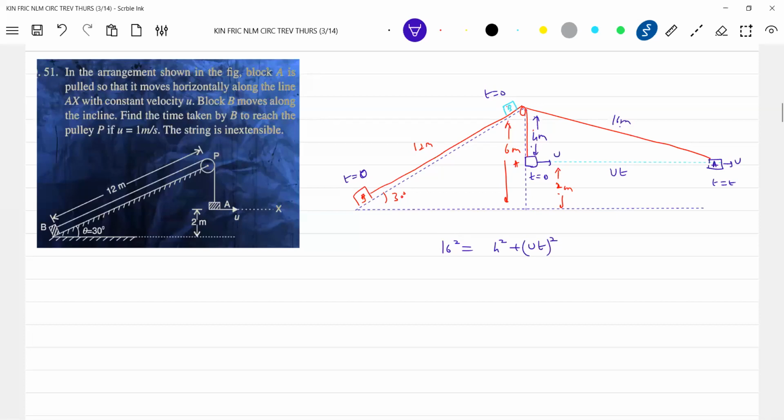We know U, so we'll just calculate the time. 256 minus 16, so time is root 240.